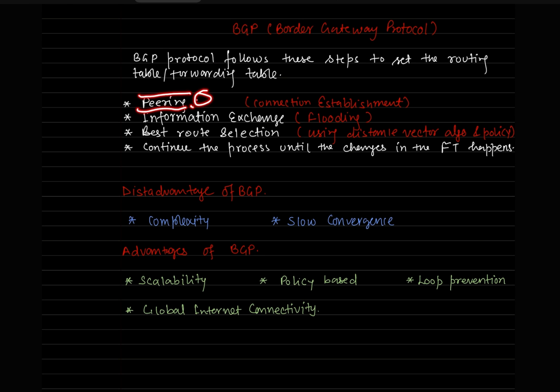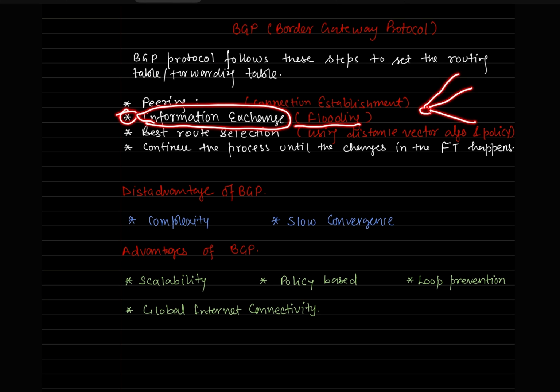Peering means routers will simply send a request message to their neighbors to establish connections between the routers. In the second step, information exchange happens where any router will send its forwarding table to its neighbors, right?